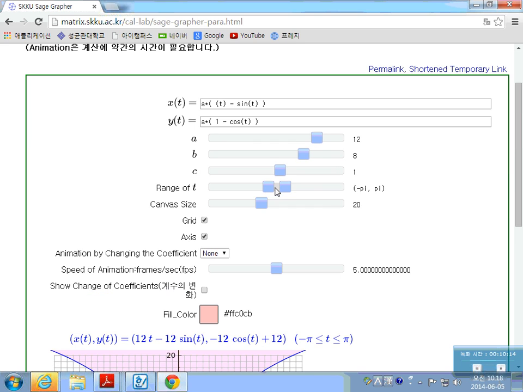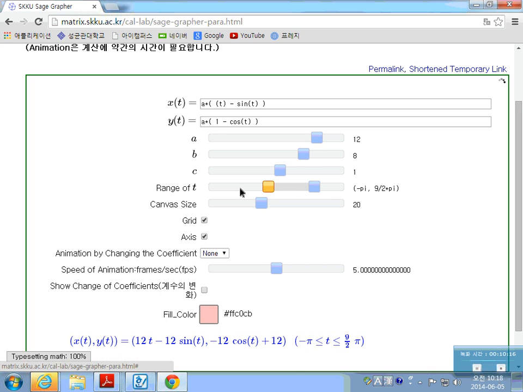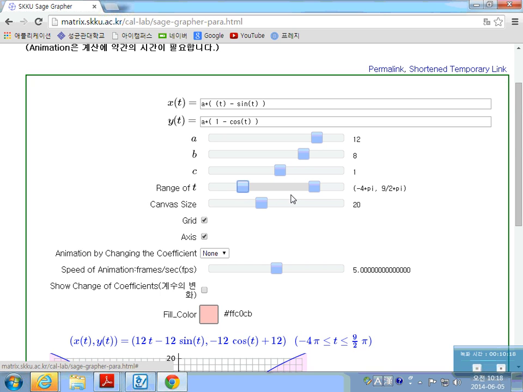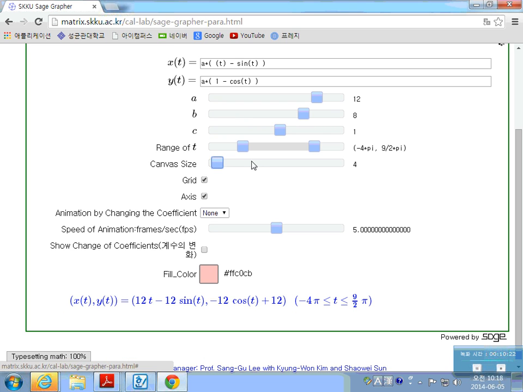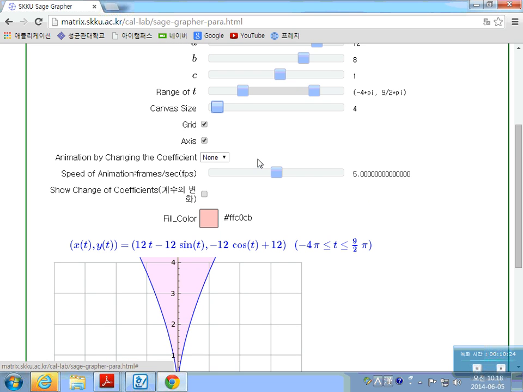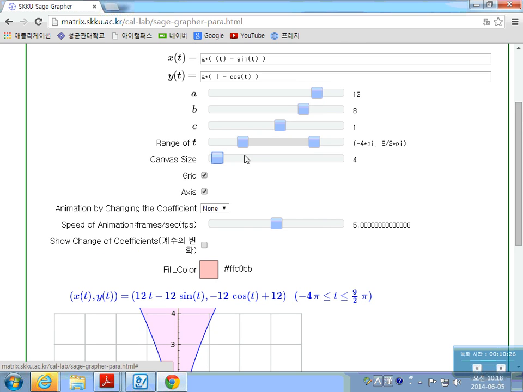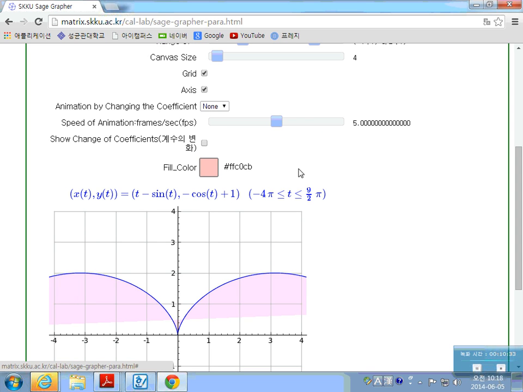If we give a and set the canvas size, a should be small enough to see exactly, and the canvas size big enough.